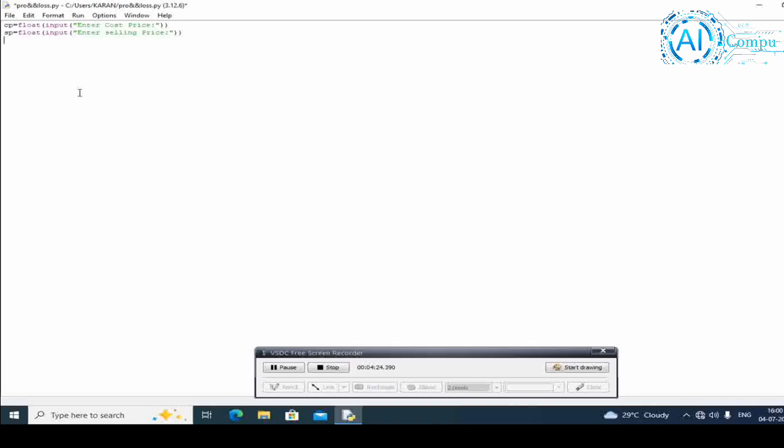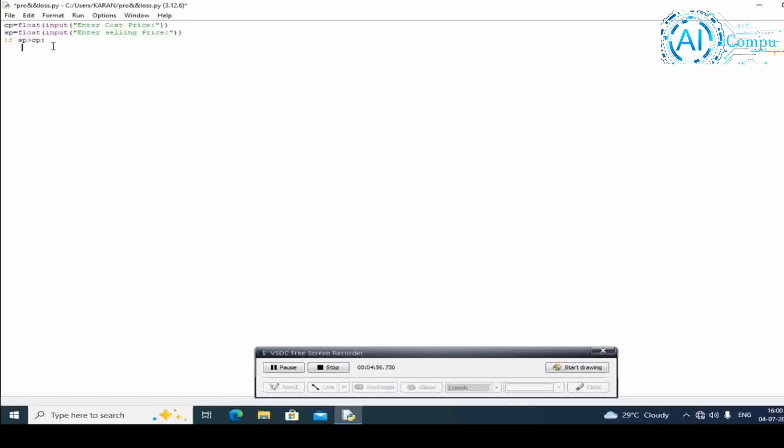First we will write the condition for profit. We will write if SP, meaning selling price, is greater than CP, meaning cost price. If SP is greater than CP, then profit is generated.